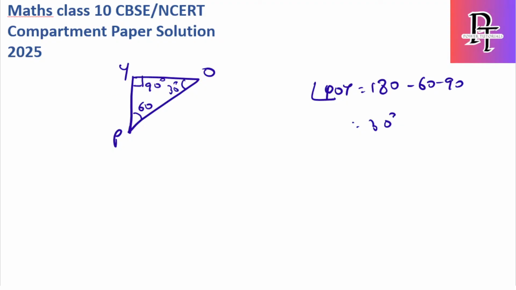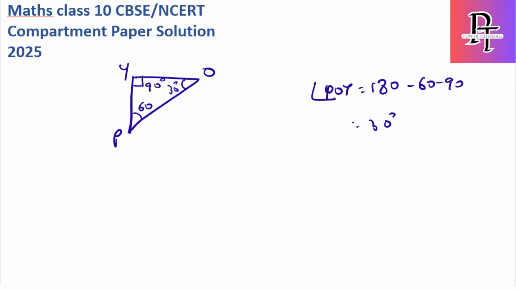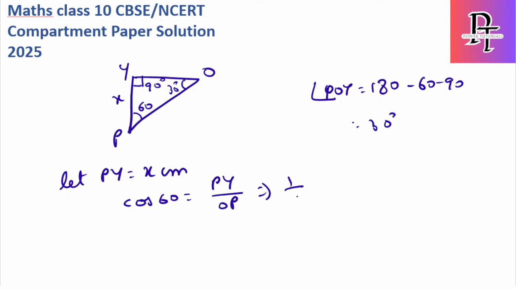Okay, now what they are asking, PX plus PY in terms of PO. So this is PO. So PY, if I let PY be equal to x centimeters, then use trigonometry here. So cos 60 is equal to PY by OP. Cos 60 is nothing but 1 by 2.